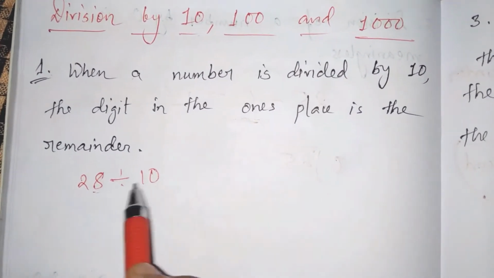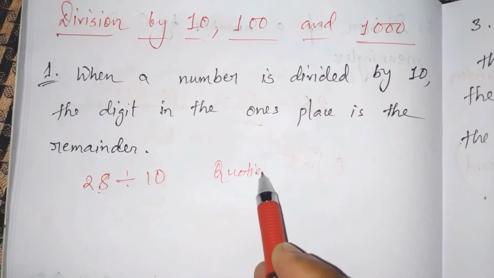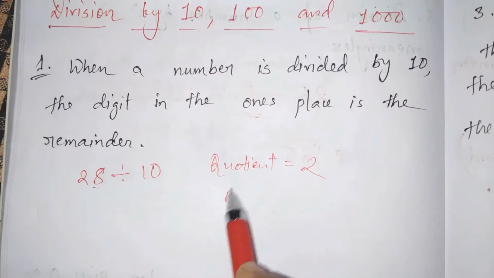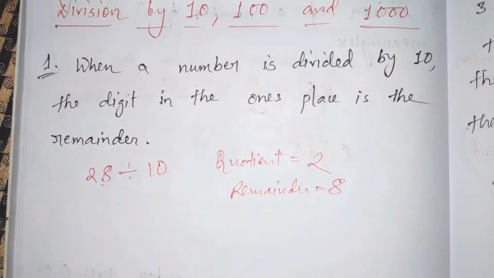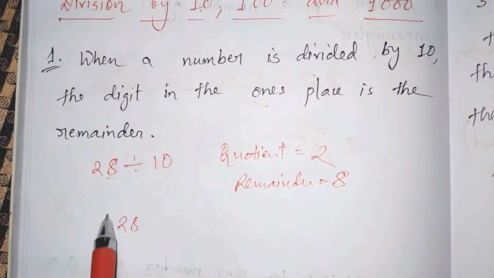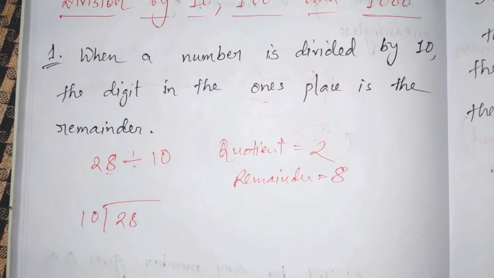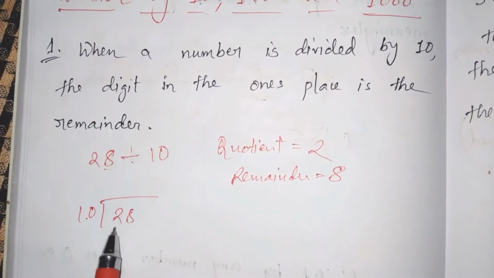So the quotient will be 2 and the remainder will be 8. Let's see if it is correct or not. I need to divide 28 by 10. If I say the table of 10, 10 ones are 10, it is much less.